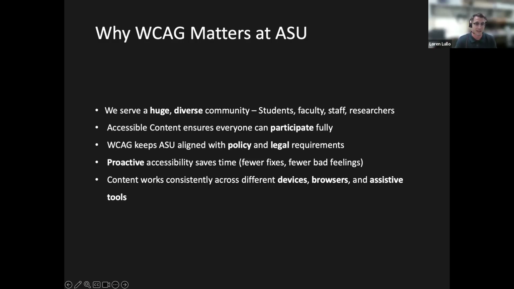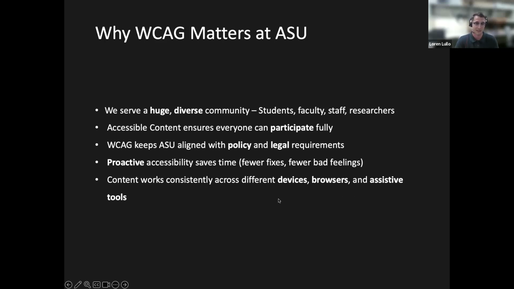These guidelines keep us aligned with policy and legal requirements, obviously. Proactive accessibility, just like proactive anything, saves us time in the future. Fewer fixes, fewer people feeling left out or lost. Because we never want that happening from a human standpoint first, and obviously from a legal standpoint. But it's just best to take care of this stuff proactively.